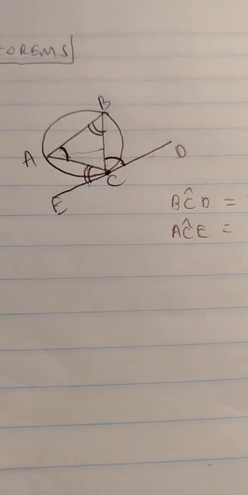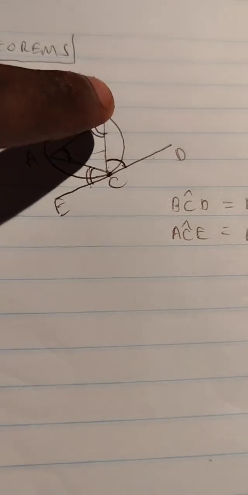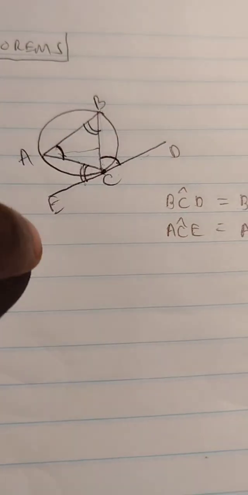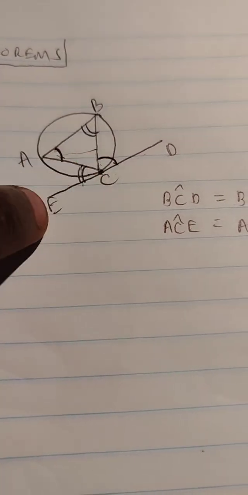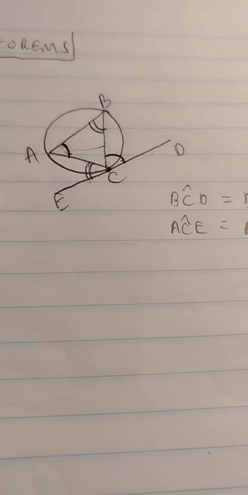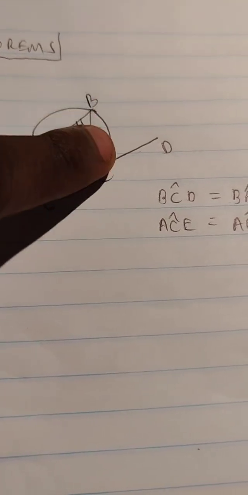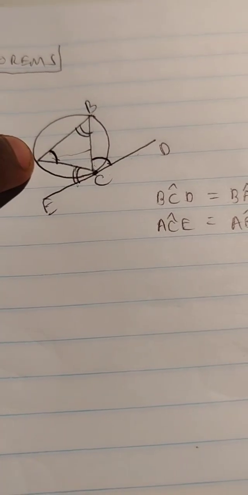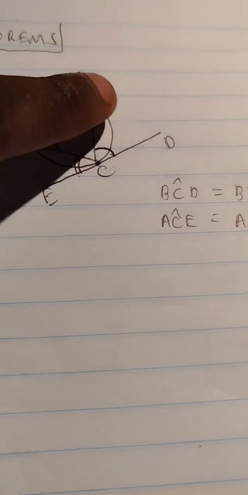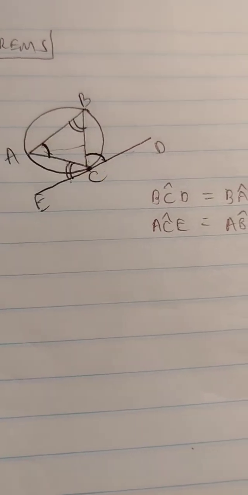Reason? Tangent theorem. We can also say angle BCD, the angle formed by this chord and this tangent, will be equal to the angle subtended by the same chord. BC subtends that angle at the circumference, so it means angle BCD is equal to angle BAC.